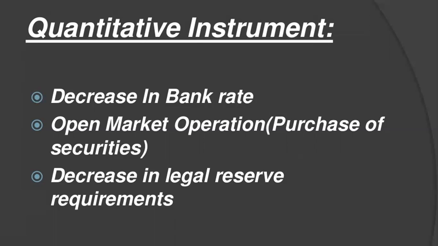economy. Next, a decrease in the legal reserve ratio. Commercial banks are obliged to maintain the legal reserve ratio. Decrease in such reserve helps the rise in availability of credit. There are two components of the legal reserve ratio: cash reserve ratio and statutory liquidity ratio.